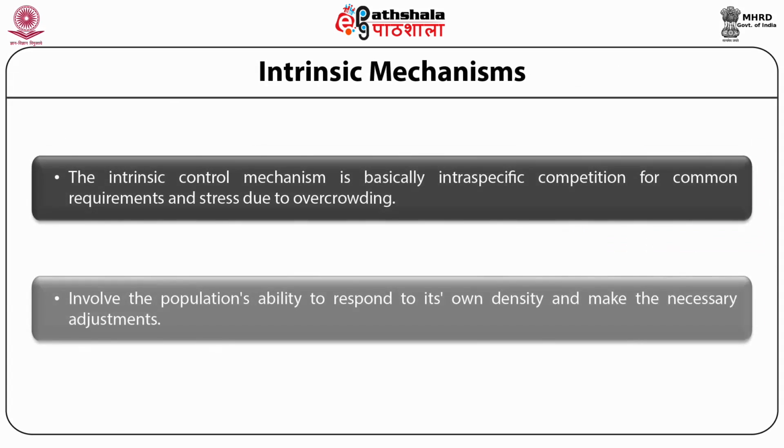The intrinsic control mechanism is basically the intraspecific competition for common requirements and stress due to overcrowding. The competition in the populations is mainly for food, space, and mate.